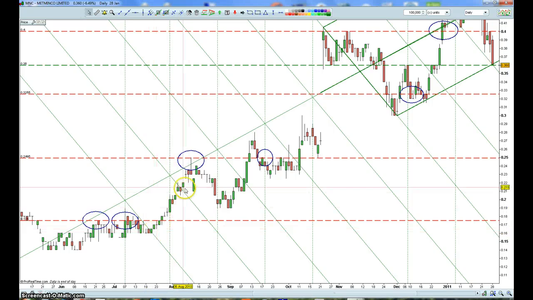It's gone up, hit there, resisted, had a little bit of a stop, and continued up. If it breaks out, you trade them the same way you trade a normal resistance line, as breakouts or as resistance points, target points.